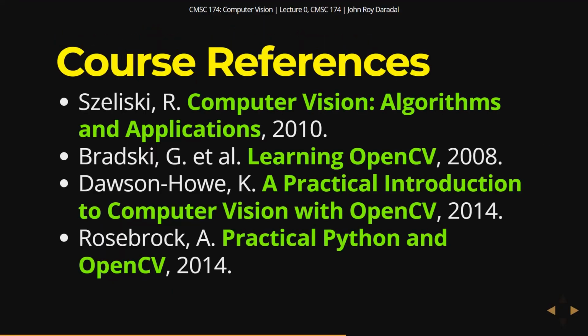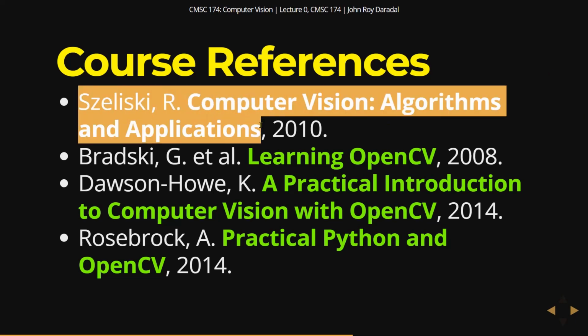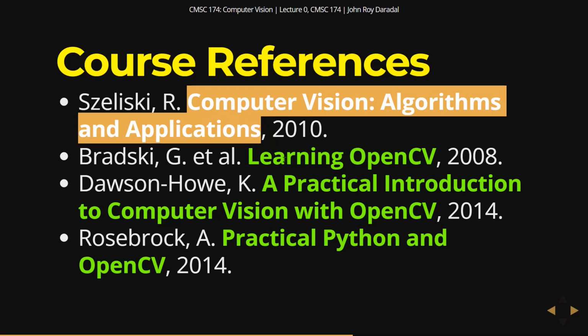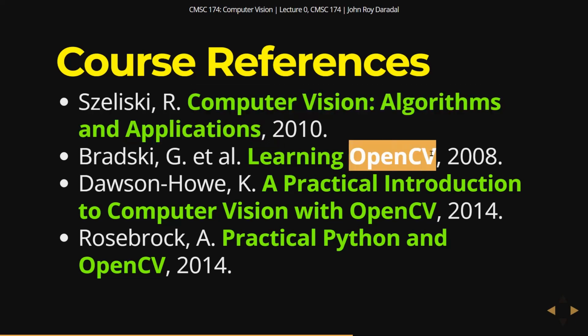Okay. For the references, we have 4 references for the books. Computer Vision by Szeliski. This one is the more theoretical computer vision book, and then the other 3 are more practical, because this is more on OpenCV. So if you want the theory, you go to this book. If you want application of OpenCV, then you have this one.